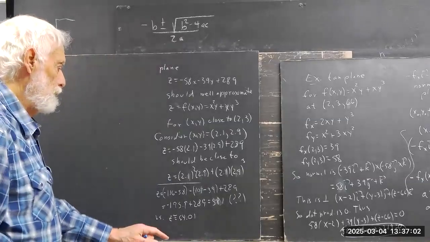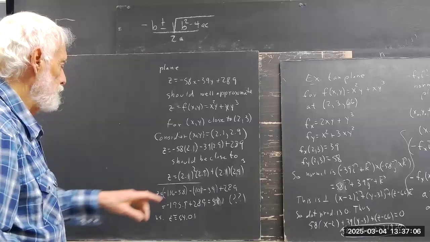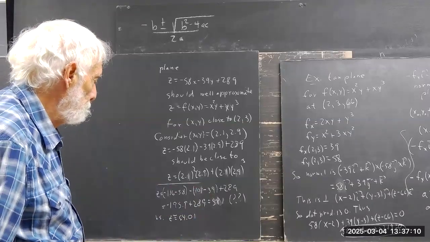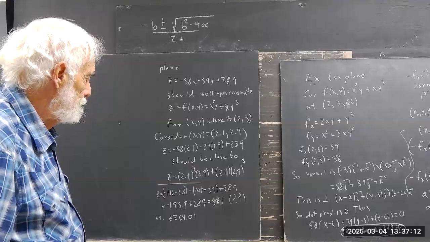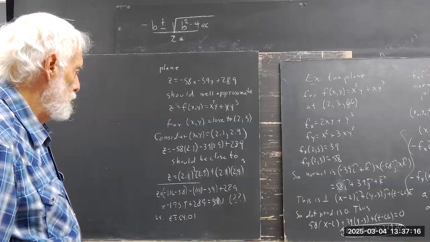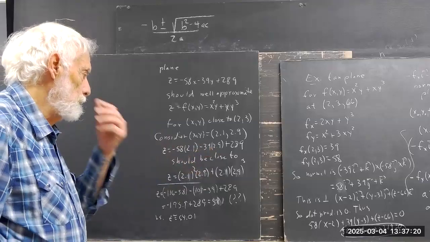Get about this. Now, if I evaluate this correctly, and I think I did 2.1 right. I screwed up 2.9, but I did it up here. I used 2.1, 2.9.